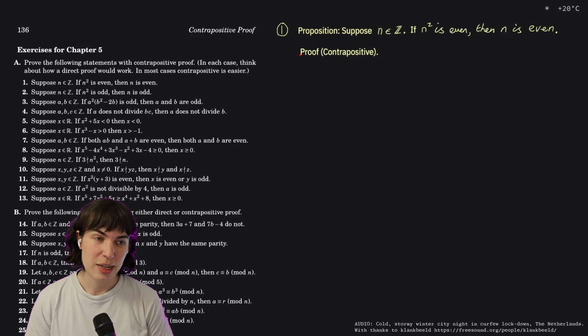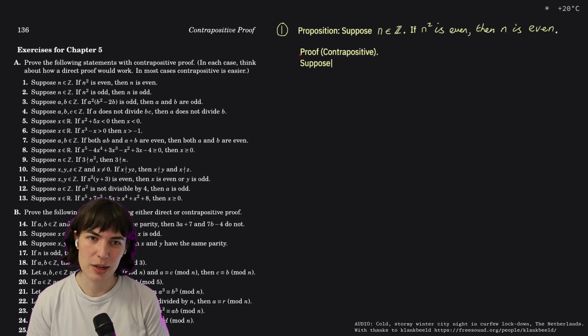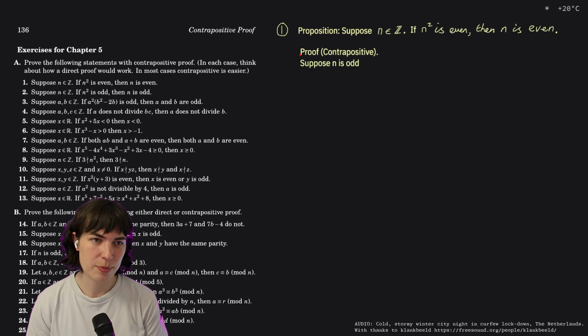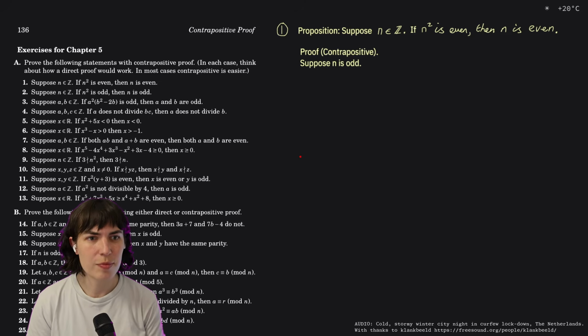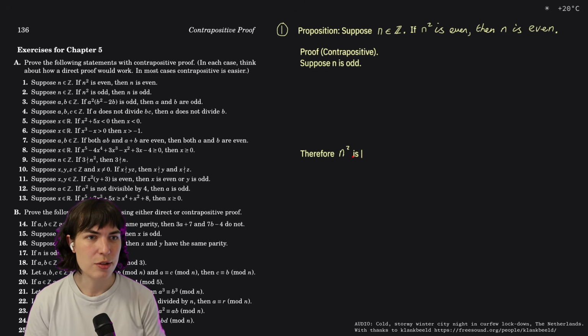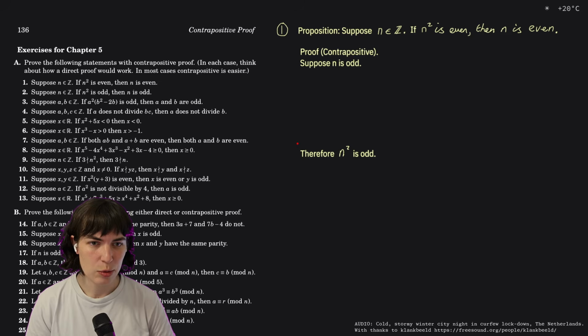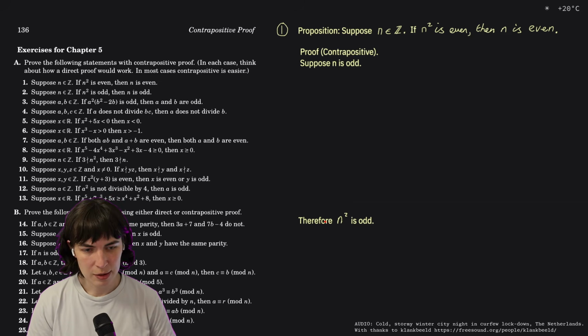We want to negate n is even. I don't know if we say it like this, but suppose n is odd. And then we want to get to, therefore, n squared is odd. We want to get there somehow.